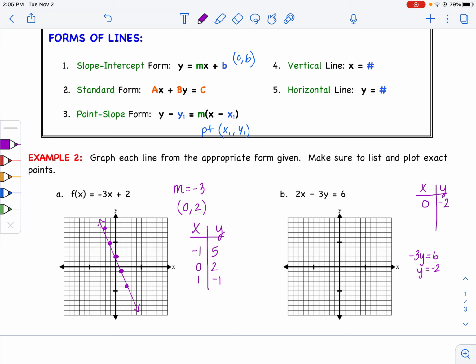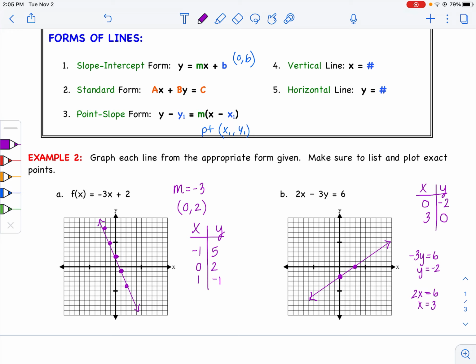That was the y-intercept. If I find the x-intercept, then this value 0, it goes away, and I'm left with 2x equals 6, so x would be 3. So graph 0, negative 2 and 3, 0, and that would be your line.